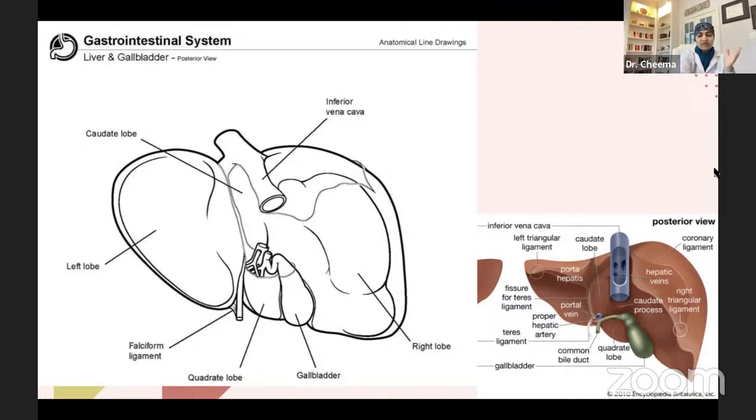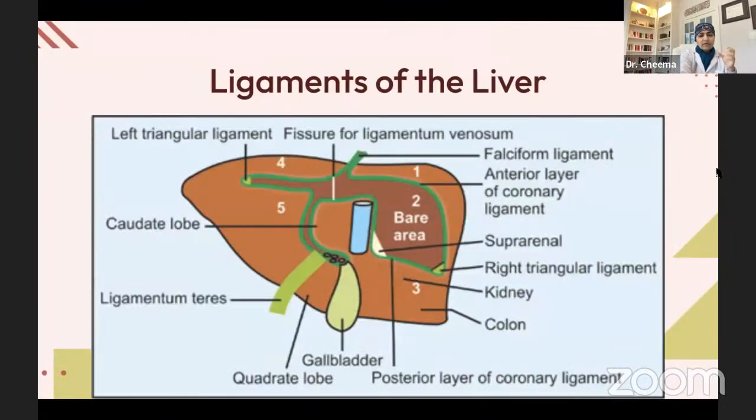The same diverticulum forms the gallbladder and bile ducts as well, and the different ligaments of the liver also form from this. Also, you can see in this diagram there's a gallbladder. It's a separate organ that works closely with the liver and is attached to the bile duct.